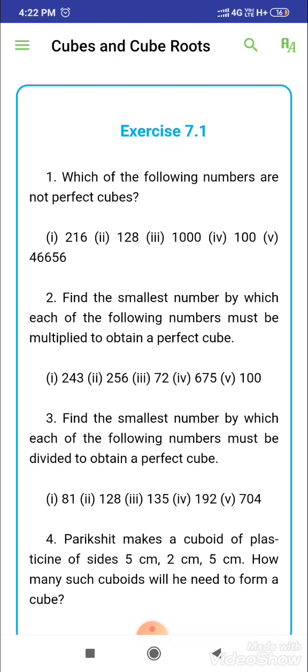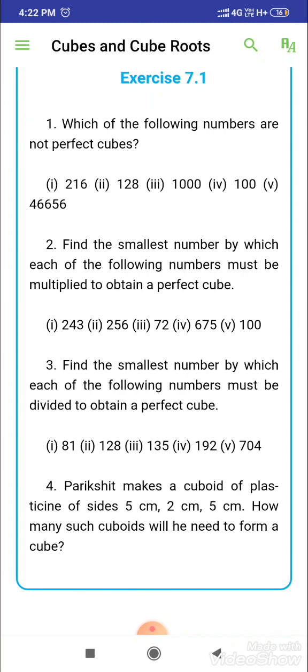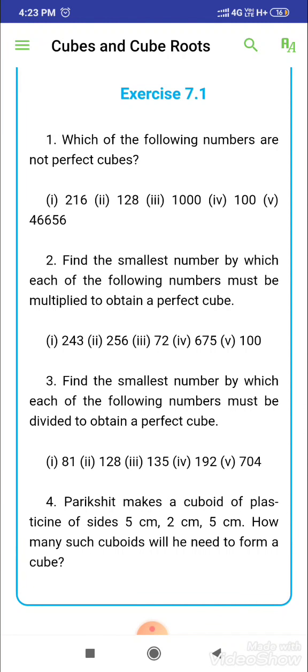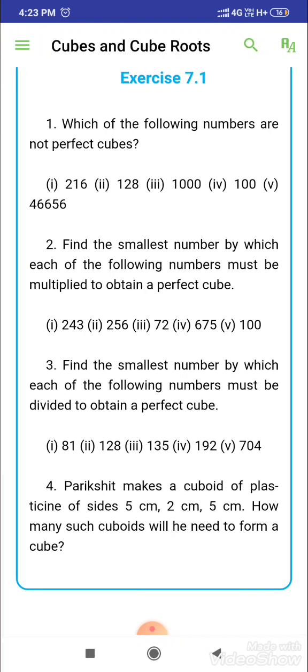If any number is left out without a group, then we conclude that the number is not a perfect cube. And if the groups are formed without leaving any number, then we conclude that the number is a perfect cube. Let's take the first question, and the first question is 216.